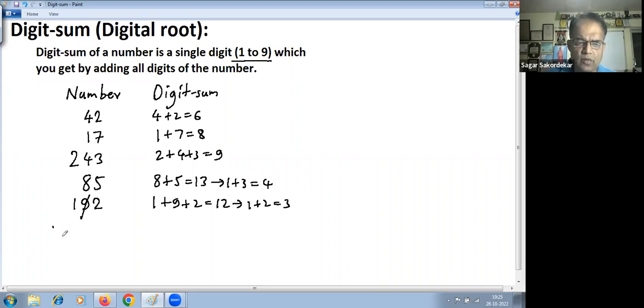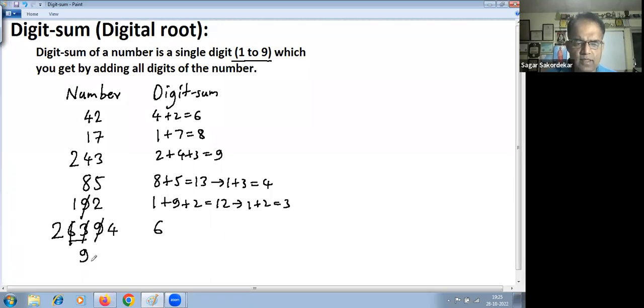So next, also note that you can remove not only 9 but any combination which makes it 9. 6 plus 3 is 9, so you can remove this combination. 6 plus 3 is 9, so 2 plus 4, answer is 6. Okay, so 9 and any combination of 9 you can remove, and then the remaining part you have to add.